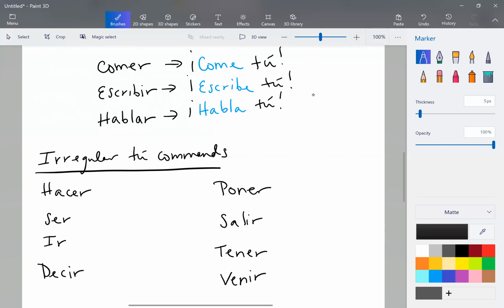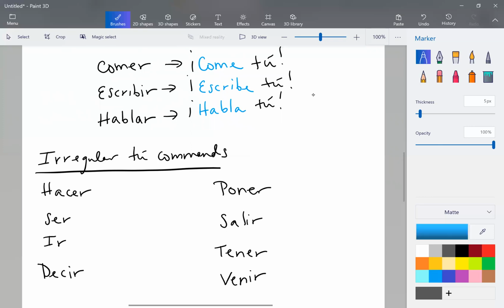So our commands for these are very short, and there's often some confusion because they look like they're part of a word instead of an entire word, but they are the whole word. You don't have to add anything else to these.